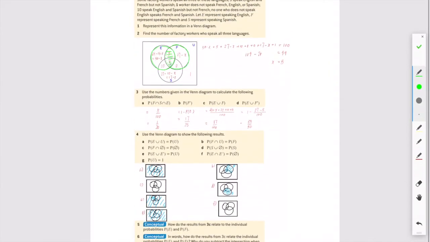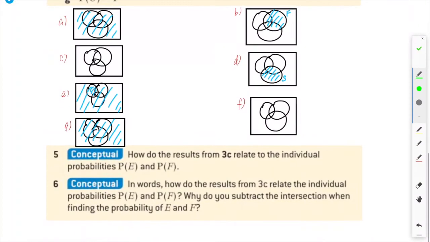So after I add E and F together, I need to subtract that middle region, which is the intersection, in order to say that this is P of E or F. So we have to subtract that middle region, as the answer to number 6.